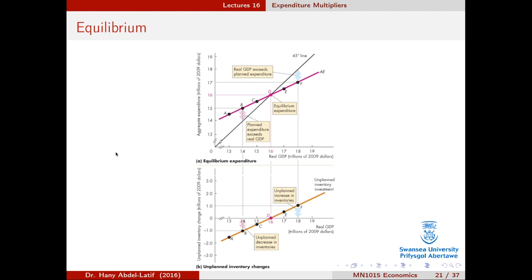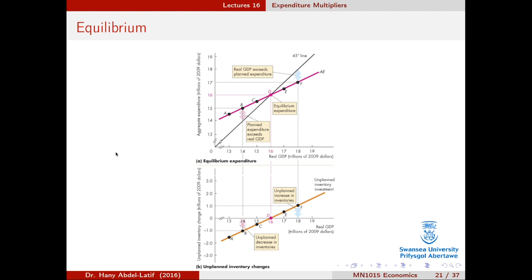At this point, all the points on that black line mean that real GDP equals aggregate expenditure. And the aggregate expenditure curve, the red one, crosses that 45 degrees line, and this is where they are equal. So this point D is on the 45 degrees line and on the aggregate expenditure line at the same time.